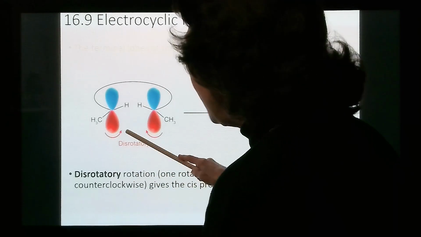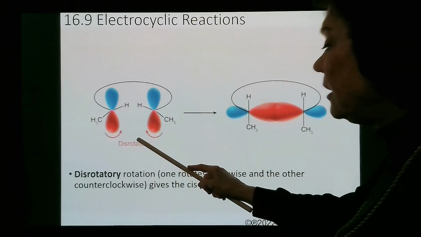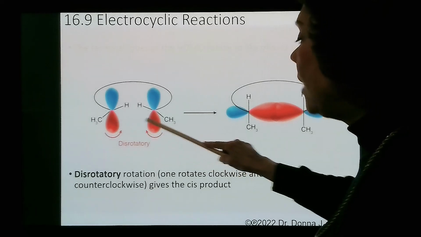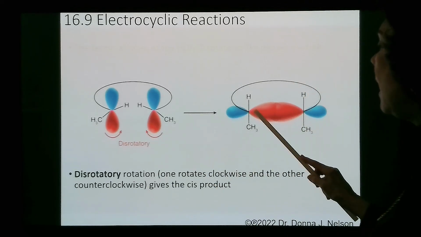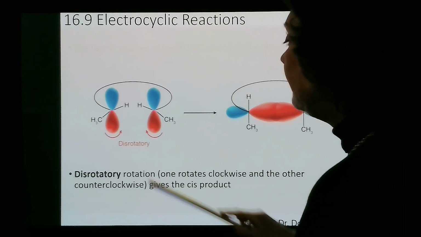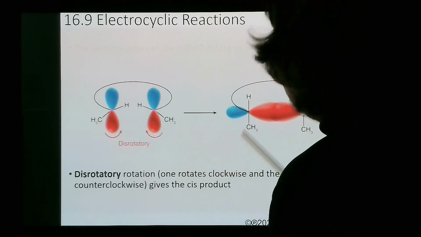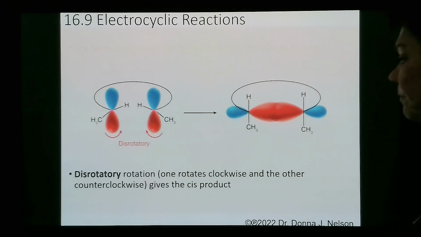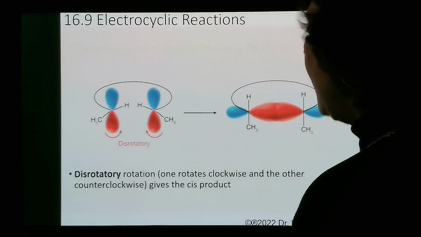And so they're rotating in different directions, and so it's disrotatory. They rotate so that these two lobes can overlap and form a sigma bond, and then when that happens, these methyls, which were both on the outside, are now both on the bottom. And so the stereochemistry is preserved in this reaction.